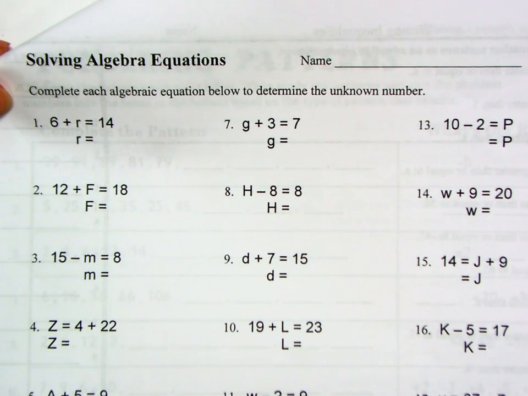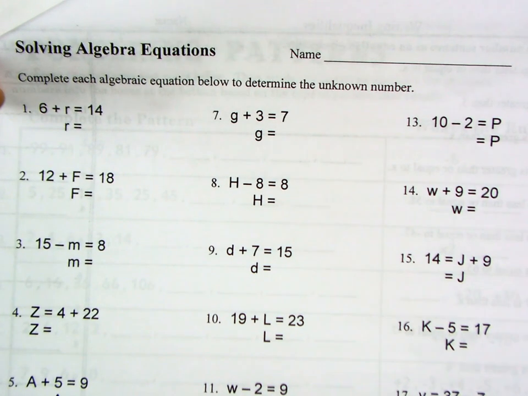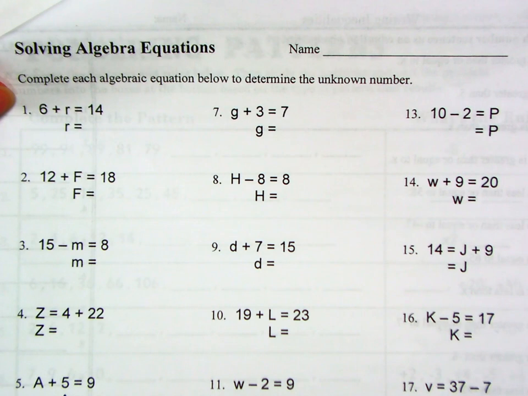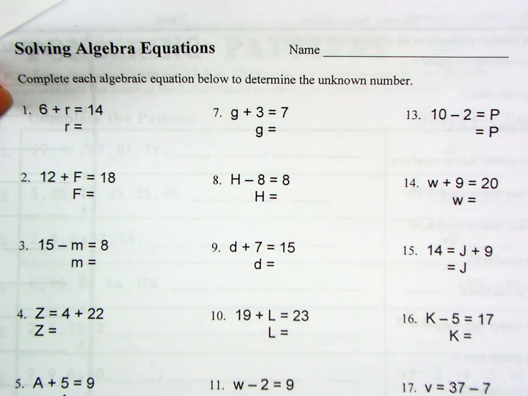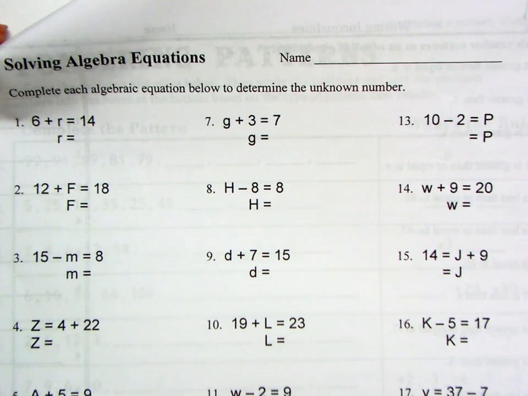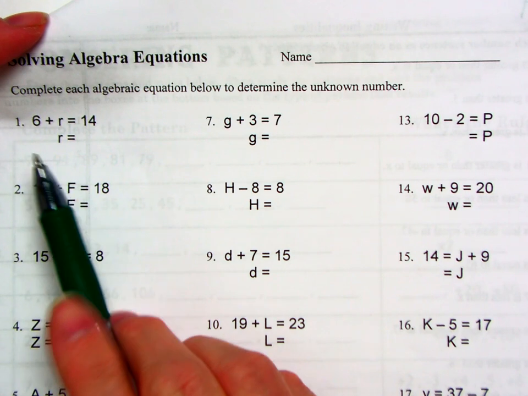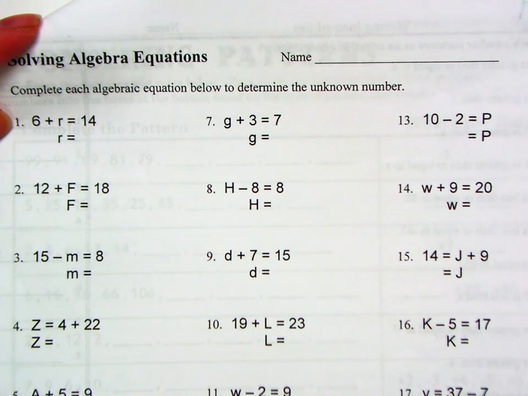All right, this is page 3, solving algebra equations. Complete each algebraic equation below to determine the unknown number. Now, algebra is just a kind of math where we use letters to represent an amount, a value, which is usually a number.